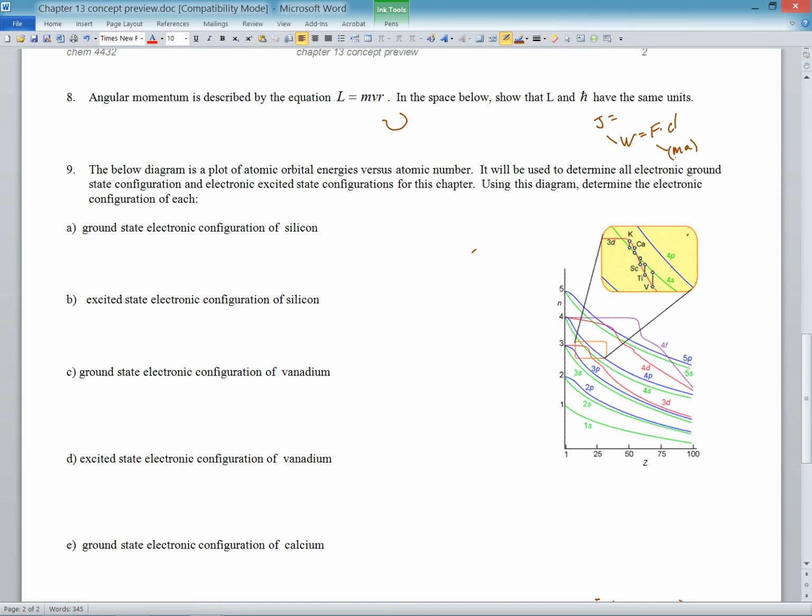Oh, I see it now. So it should work out. So Planck's constant has the same units as angular momentum. So it's kind of an insight into nature there.